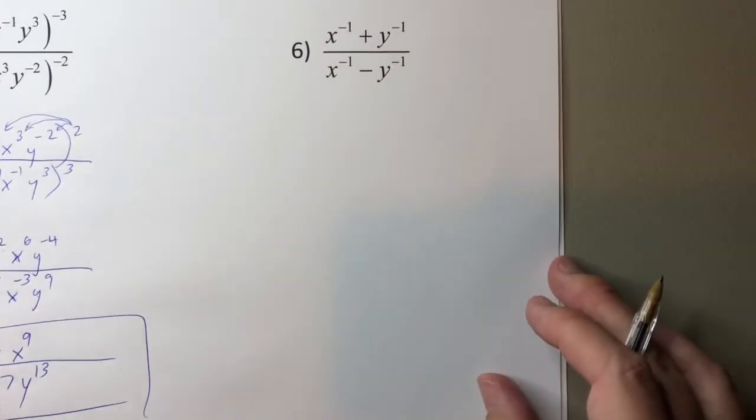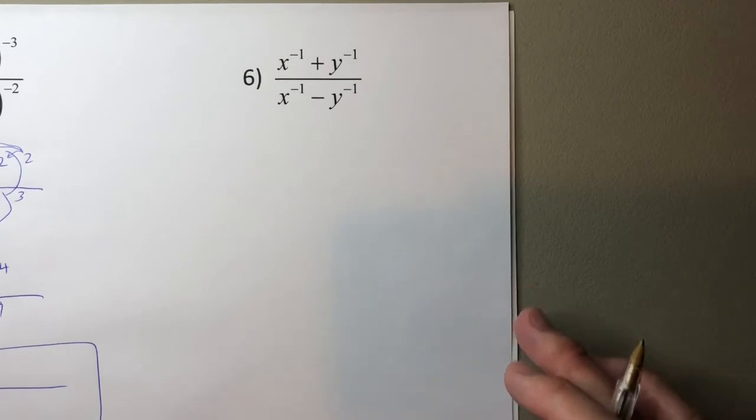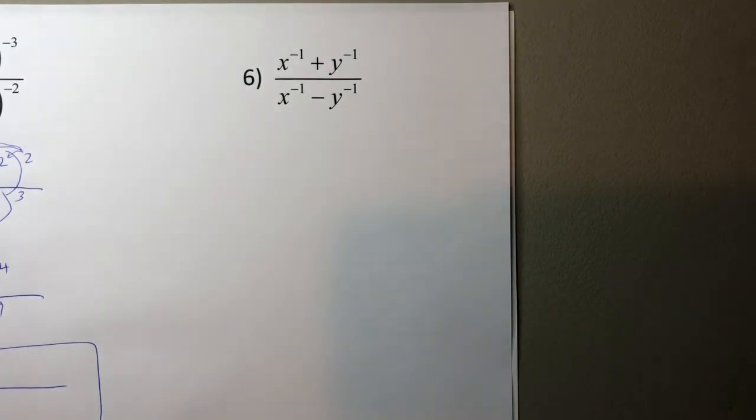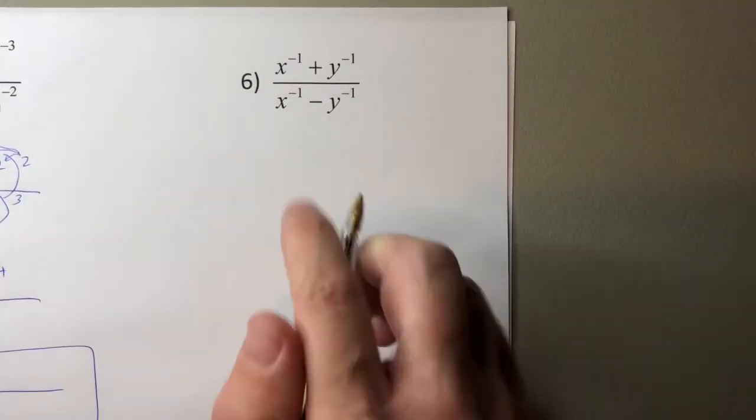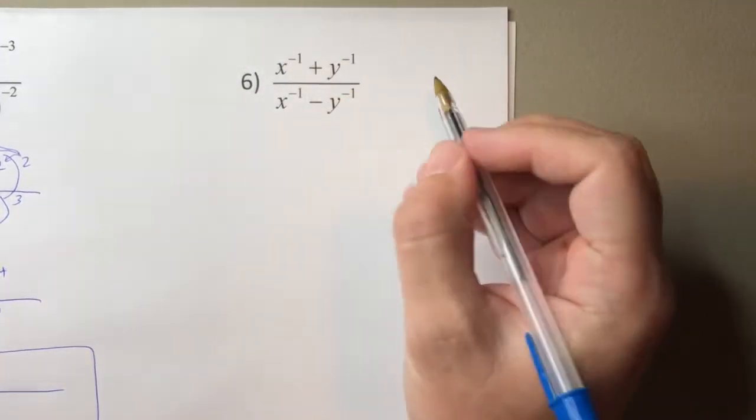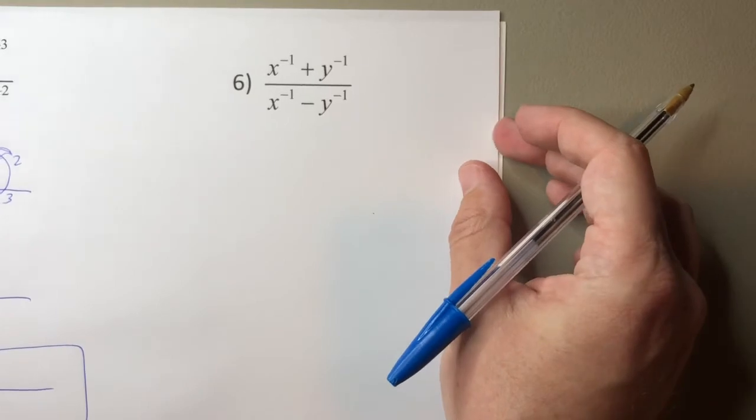All right, number 6. So this is a different type of situation, but it still involves not only the properties of exponents, but the information we looked at in section 1.4 as well. The concept I'm referring to is LCD. Okay, so what I would do first in this situation is apply the definition of a negative exponent to a base.